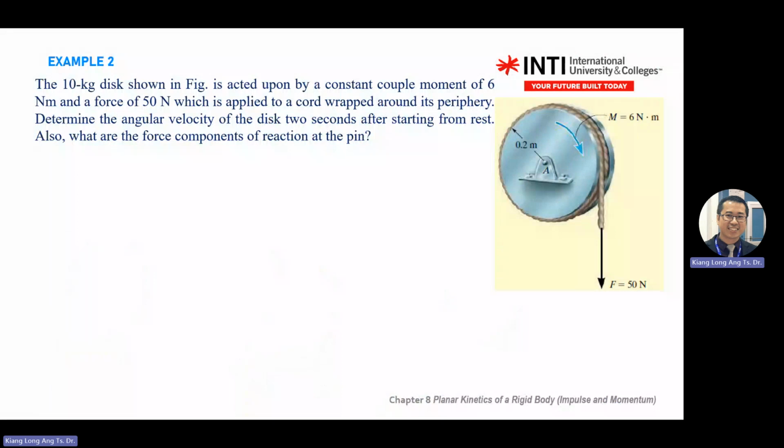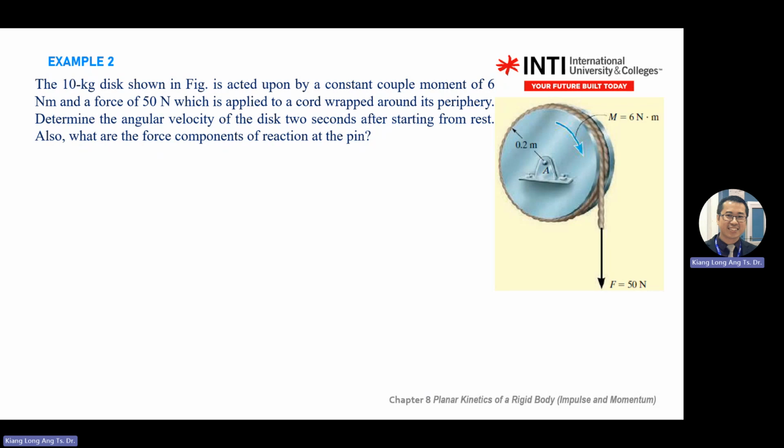Okay, so this is how we apply. You are given the mass of the disk. Remember, every time you see a mass in chapters 6, 7, 8, go and label where your G point, your center of mass point, is.